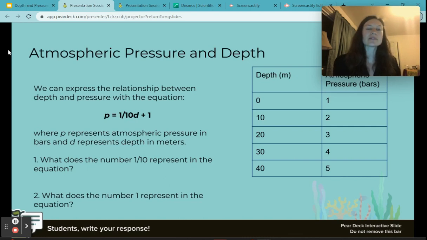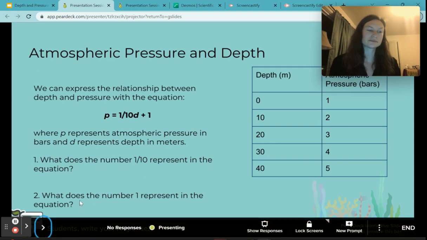Good. And then that plus 1, some of you identified it as the y-intercept, which is correct. Some of you said, oh, this is the value when x equals 0. And in practical terms, what this is saying is when you're at sea level, you're at 1 bar of atmospheric pressure. Very good.